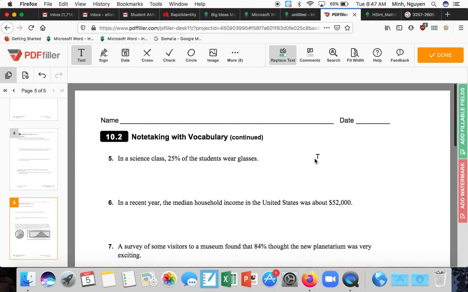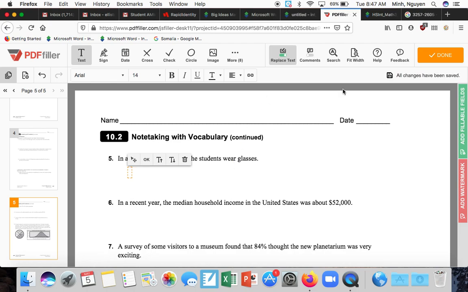In a science class, 25% of the students wear glasses. Did we only ask one chunk of students? Or have we surveyed all the students? Well, we've surveyed everyone. So the whole population in this context is the science class.